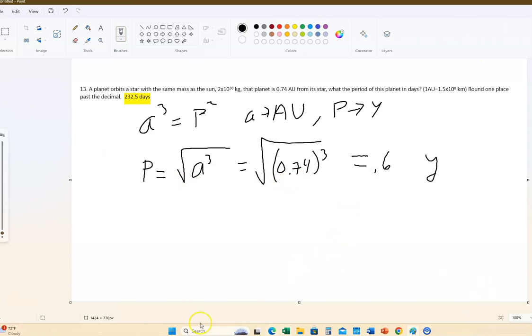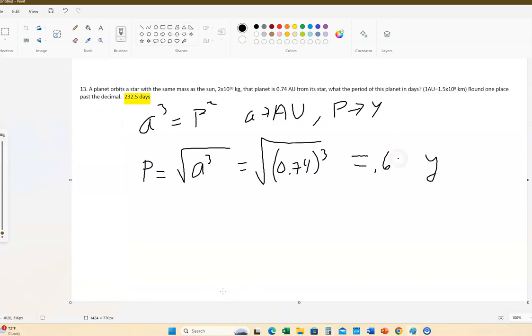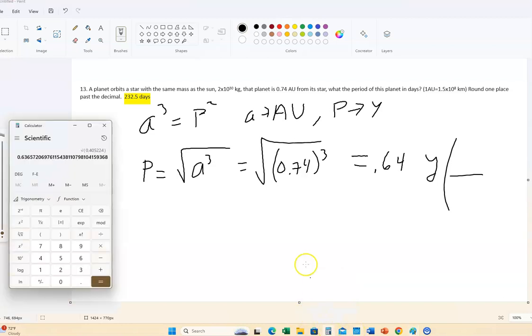Let's round this. We don't need to round it right now anyway, but if we were to have it in years to two places past the decimal, it would be 0.64 years. I always tell people to wait until the very end to do the rounding.